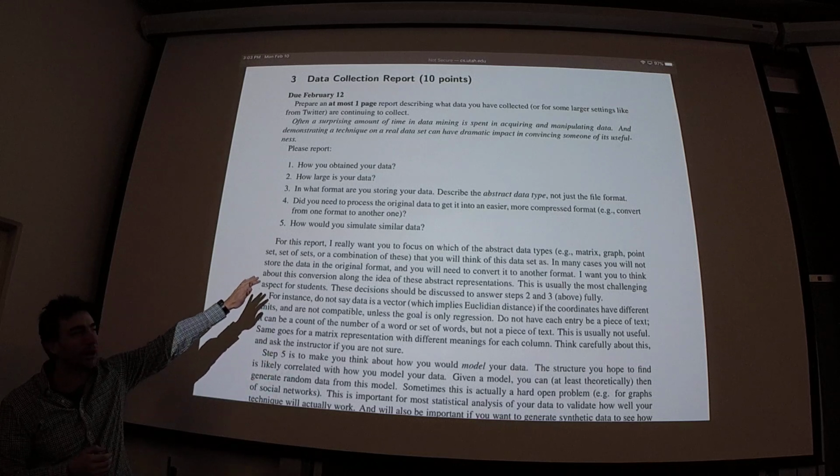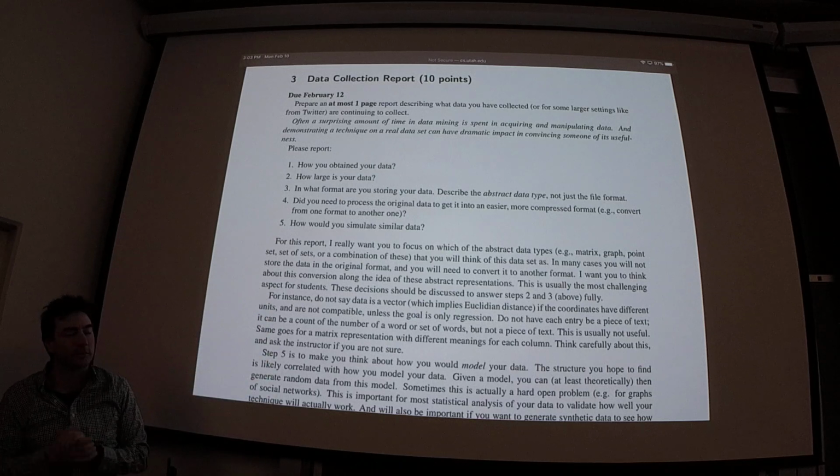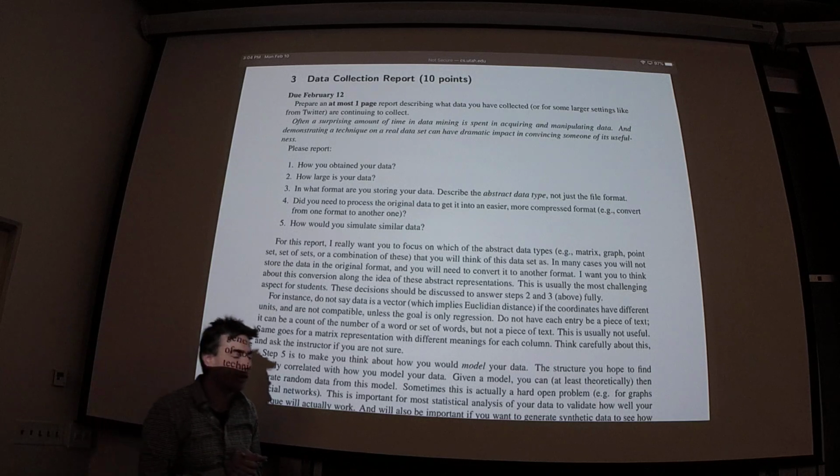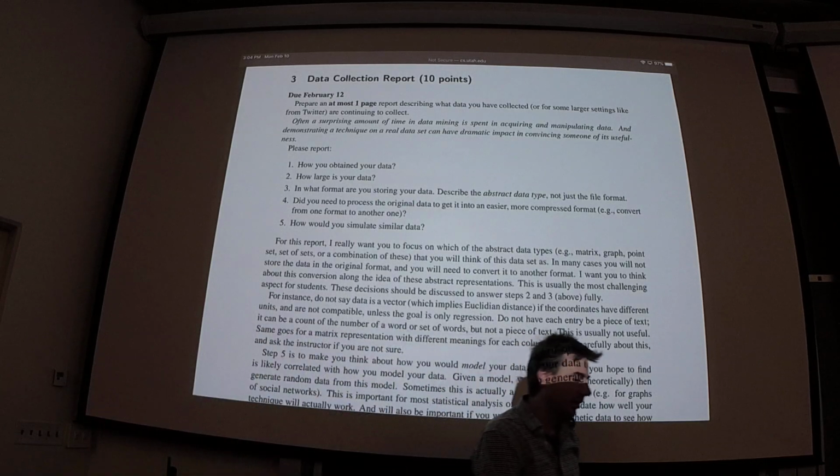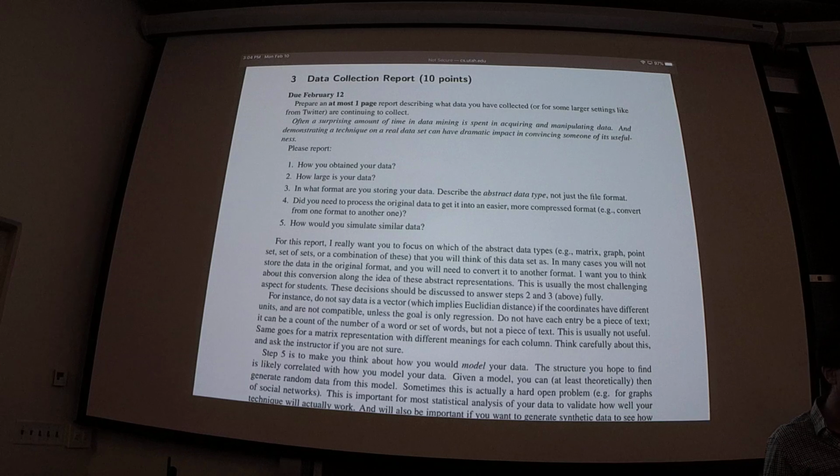And then the fifth question: how would you be able to simulate similar data? I think this is really important and always comes up, because if you haven't gone deep into this yet, it's not very obvious. I'm going to ask you to have a hopefully real-world-ish data set you're going to run something on, but maybe it's only one data set.